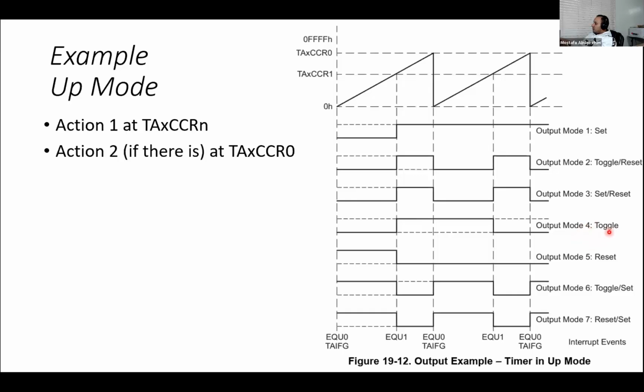Toggle: you will toggle now based on one value, which is TAxCCRn, where n can be 1, 2, 3, 4. So here the timer reaches this value, so you are toggling from 0 to 1. You continue. The timer is crossing this value again in up mode, but this cross is from high to low, so it's not counted.